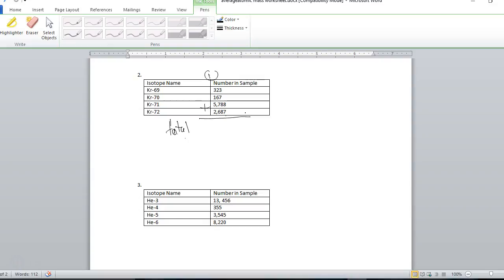So the total you should get is 8,965. Okay, 8,965. Now we need to get the mass for each isotope based on the mass number and the total number in sample.